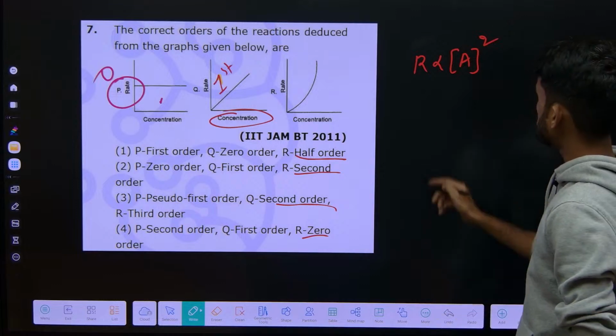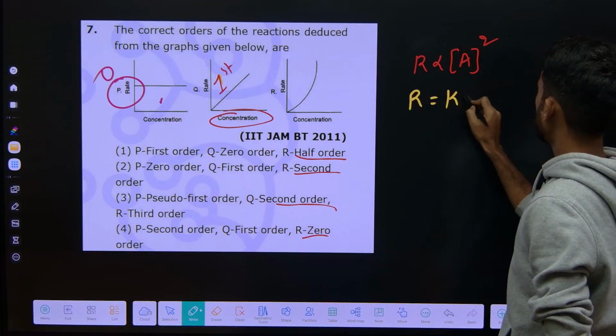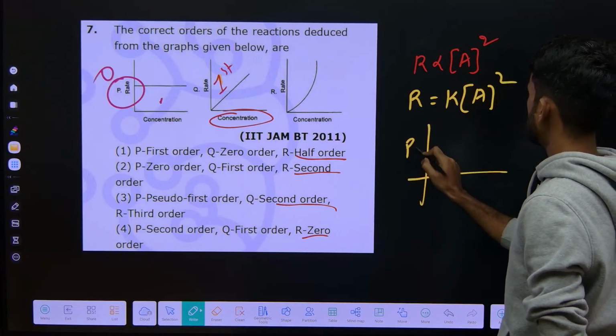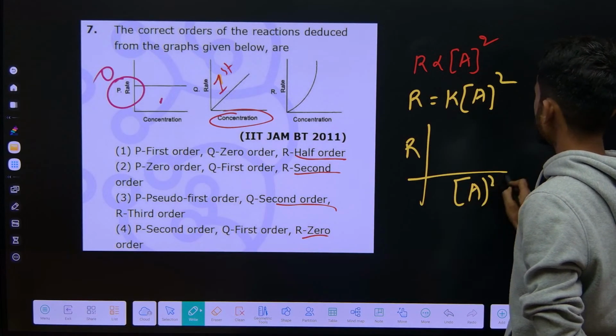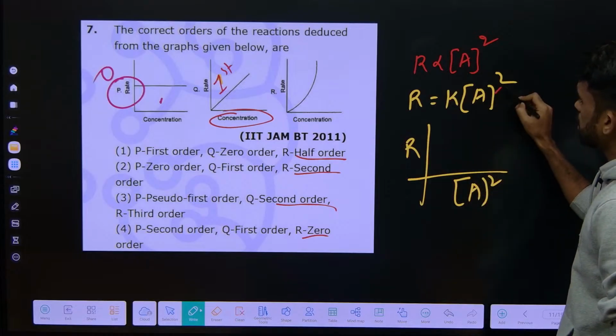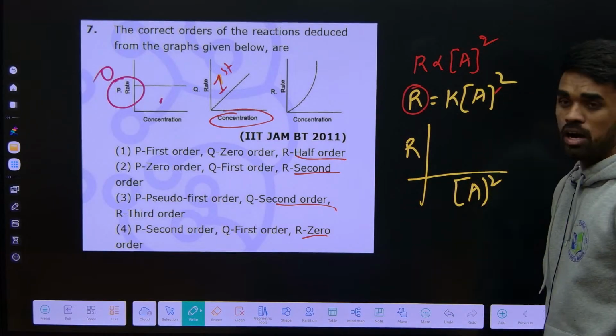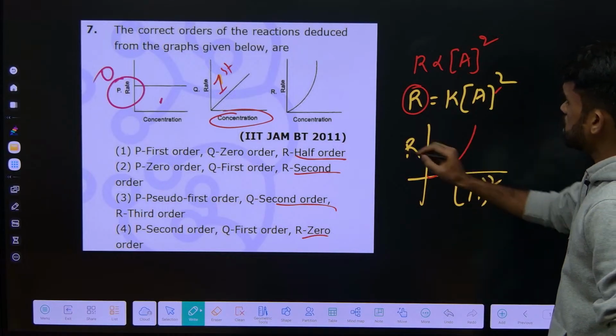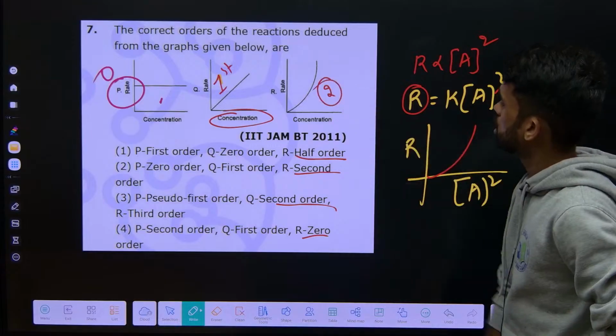Now R equals K A to the power 2. As the concentration of A increases, R will increase exponentially, so we will get a graph something like this. This graph corresponds to second order.